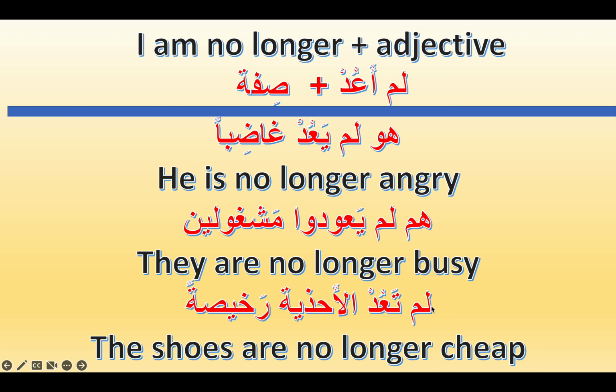The shoes are no longer cheap. لم تعود الأحذية رخيصة. So shoes are الأحذية. Now notice that the shoes are in the feminine singular, even though it's plural. Why is that? Because in Arabic, all non-human plurals are feminine singular. Okay? Another example. For example, the dog is big. الكلب كبير. The dogs are big. الكلاب, plural of dogs. الكلاب كبيرة.